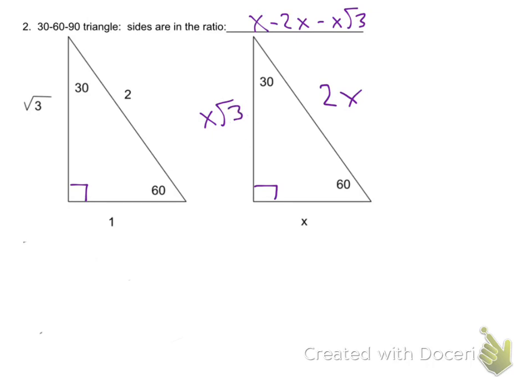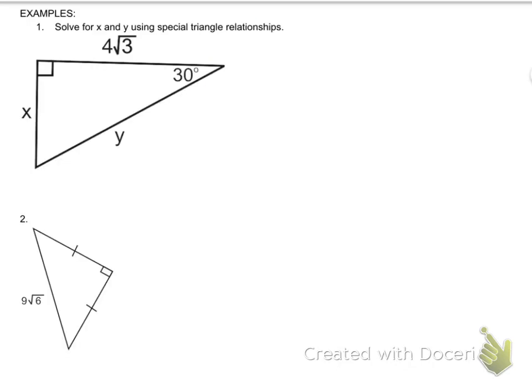If this was 10, x has to be 5, so this becomes a 5, and then it becomes 5 square root of 3. Okay? Questions?